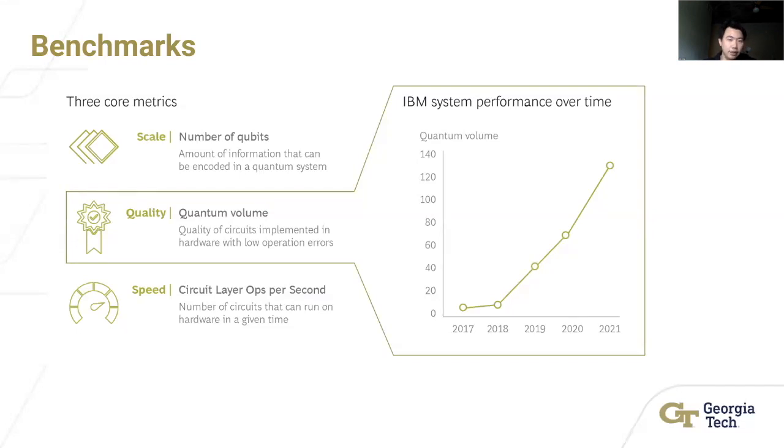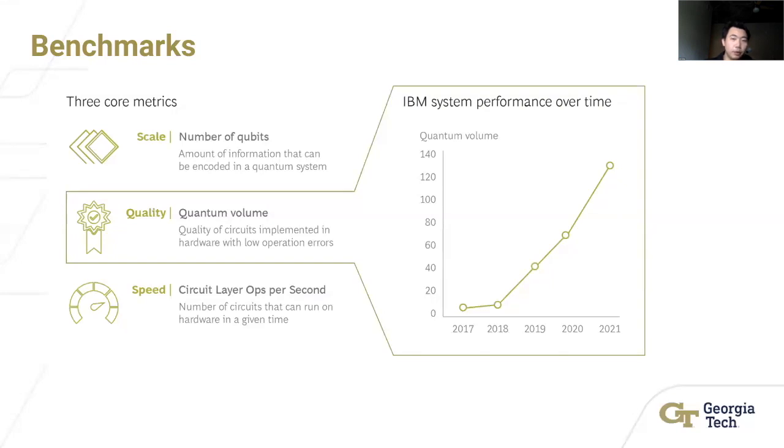And the second is the quantum volume. It's talking about the quality of the quantum circuit implemented on the hardware. So you're running certain circuits, but you have to pass a certain error threshold. Once you pass that, you get a quantum volume. If you don't, you don't get results back.